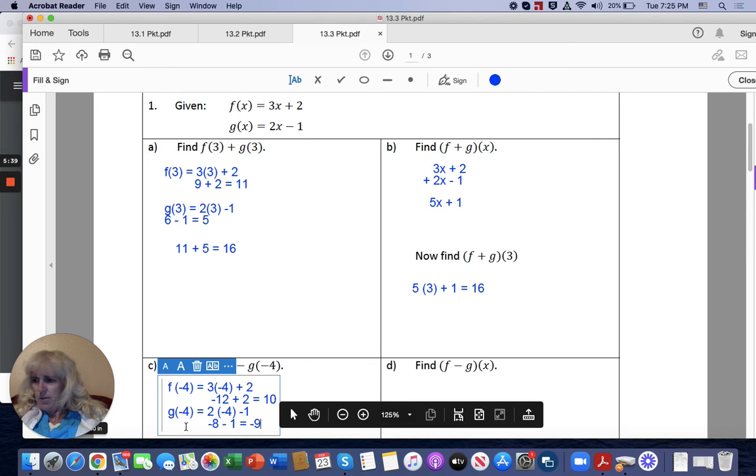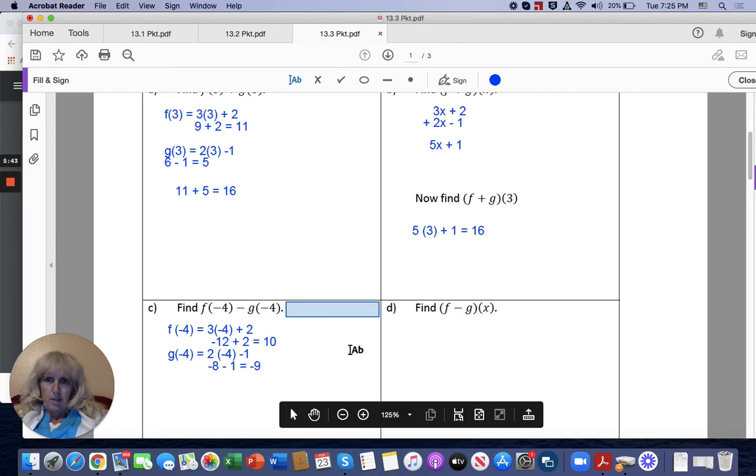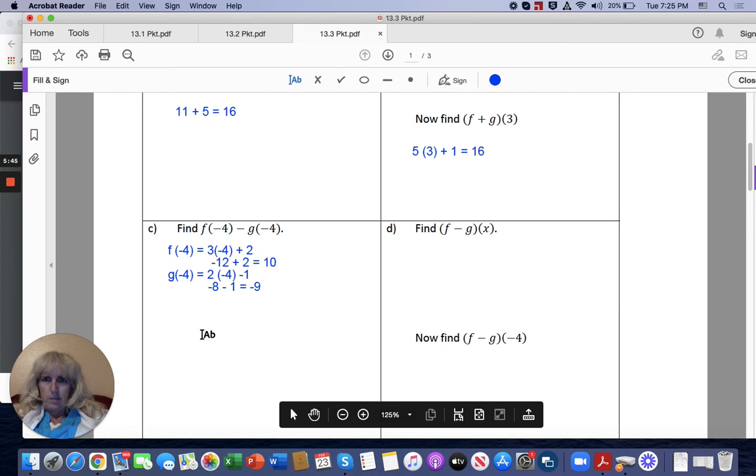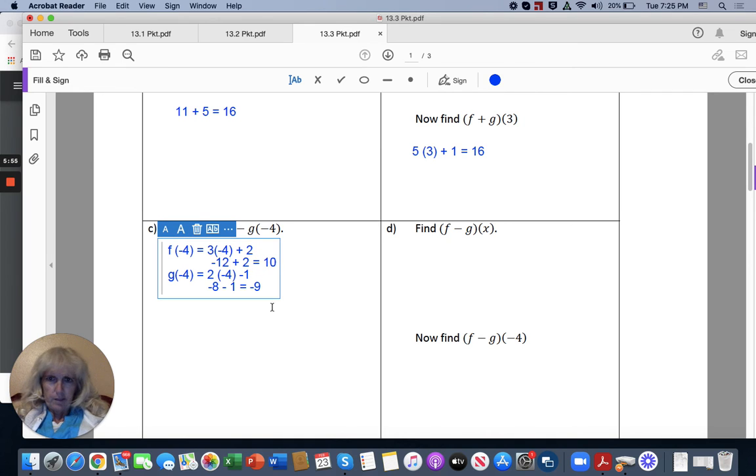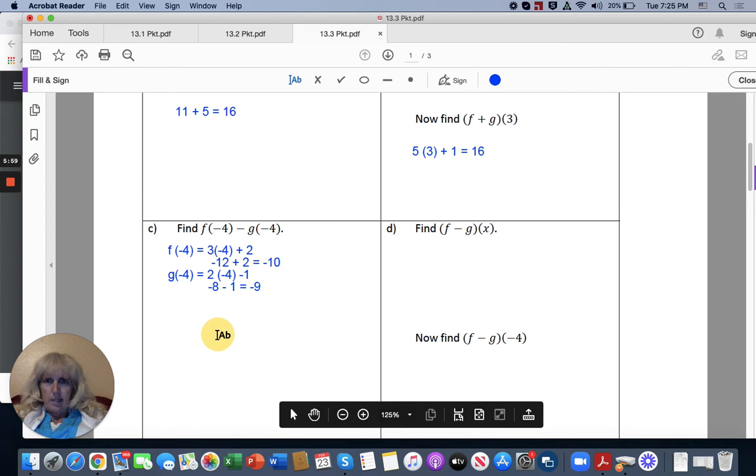So now after that, we have to subtract the 2. So if we're going to subtract the 2, f of negative 4 is negative 10. I forgot the negative up there. Sorry, guys. So it's negative 10 right there. Okay, so then we take the f of negative 4, so I get negative 10.